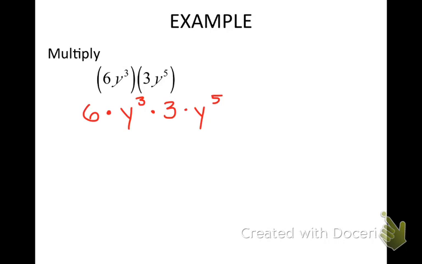And then I could move my constants together, the 6 times 3, and then I can move my y bases together, so y to the third and y to the fifth.